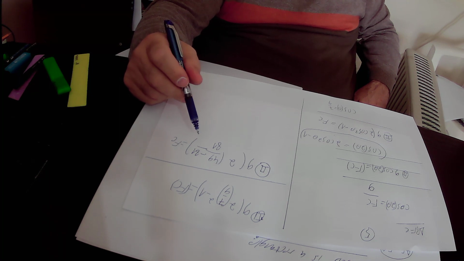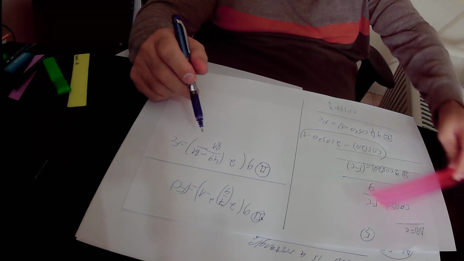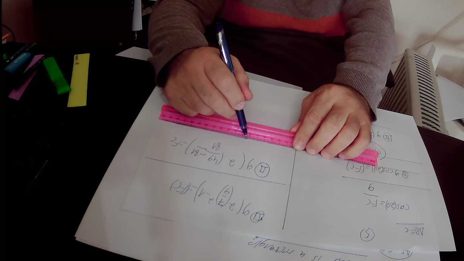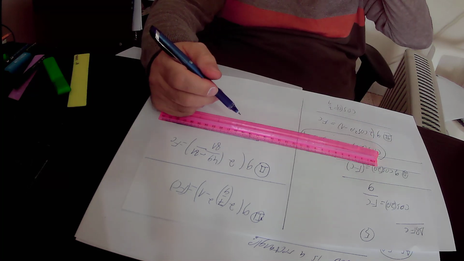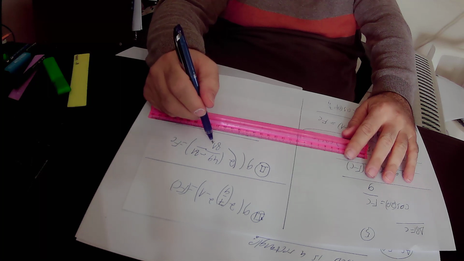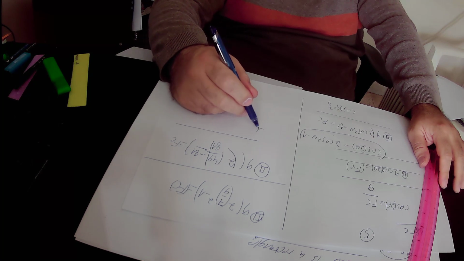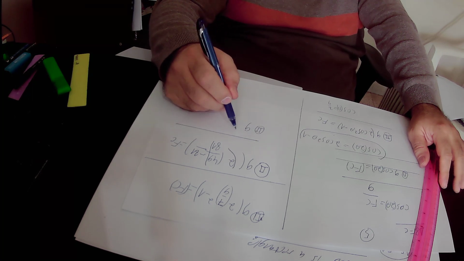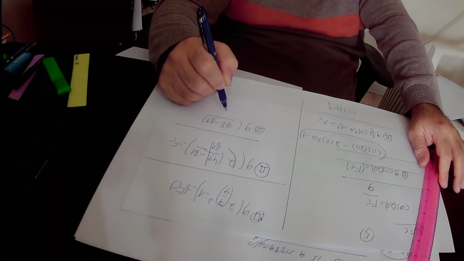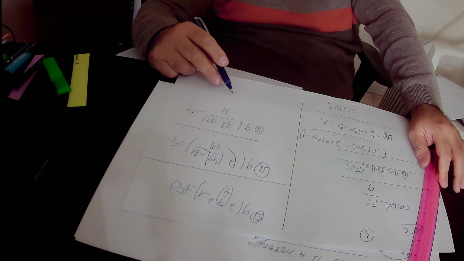Here, 2 times 49 is 98, so I'll write it down. So we found out that FC equals this expression.